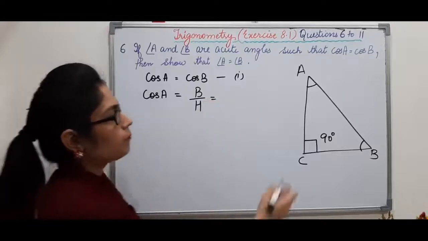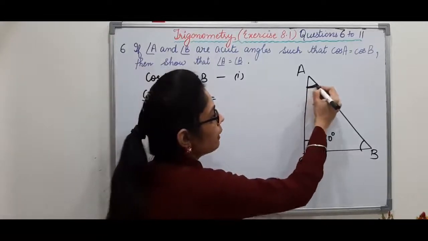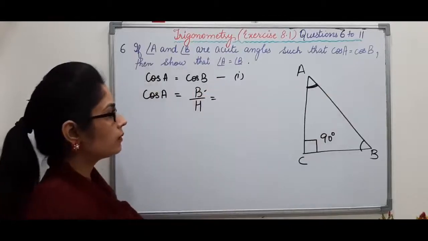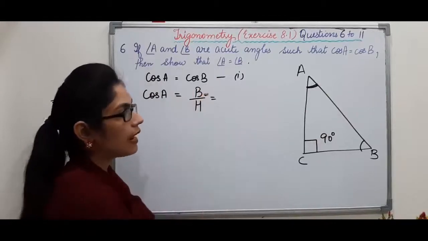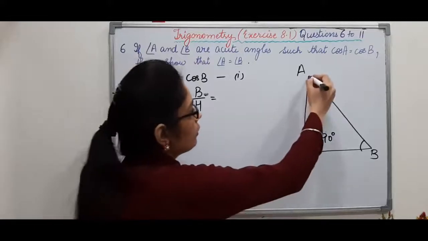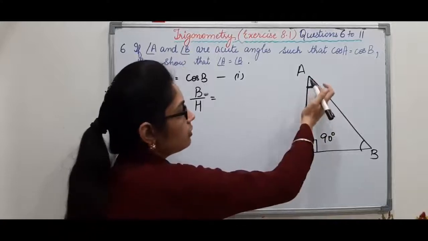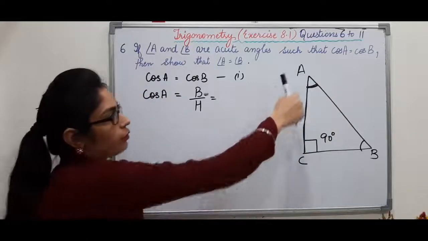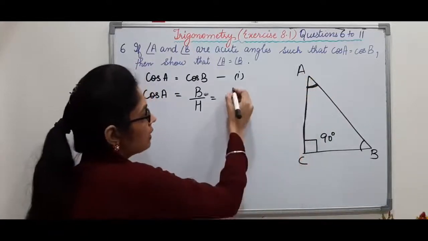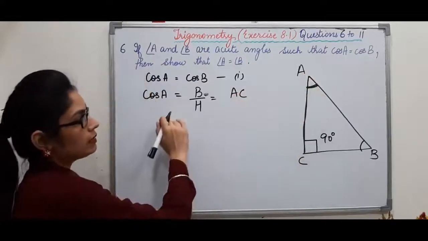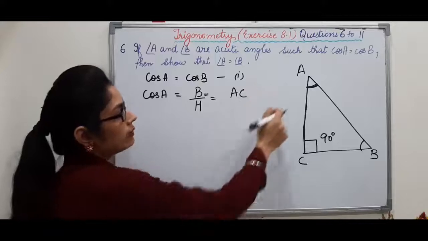So cos A. Cos A means with respect to angle A, I have to see which is base. Base is the adjacent side to the angle. Adjacent means just next to, and you can see AC is the side which is just next to angle A, which means base with respect to angle A is AC.